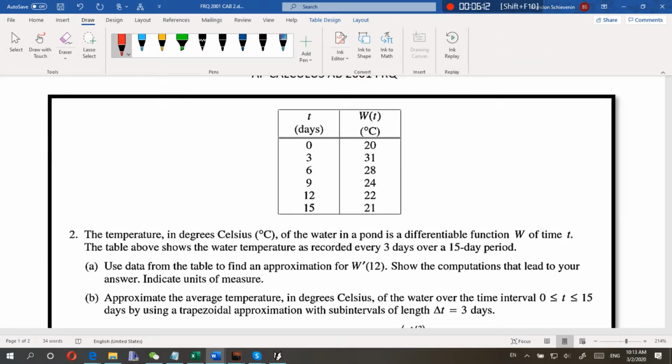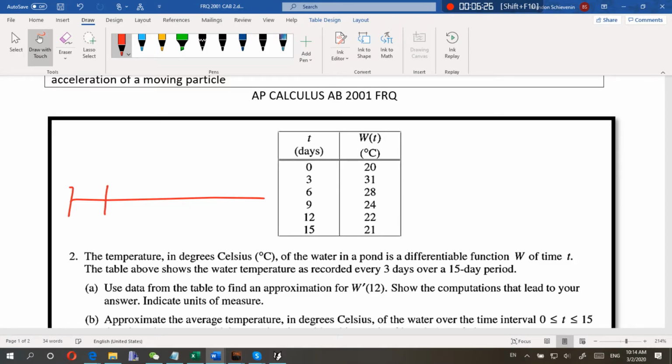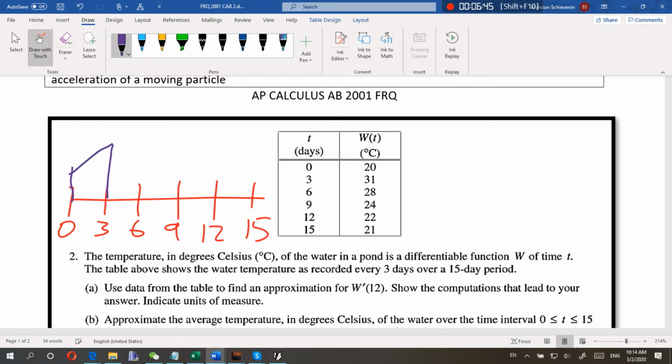So what that means is we've got these different heights at 0, 3, 6, 9, 12, and 15. And we're going to use them to create a bunch of trapezoids. So something like this.